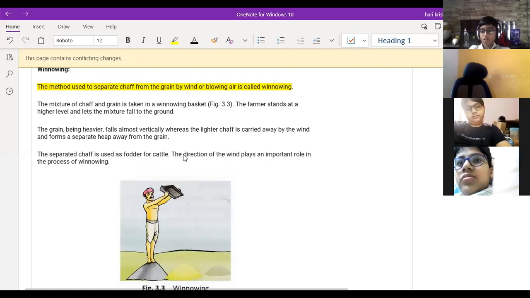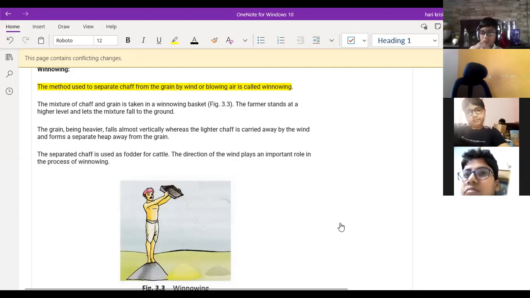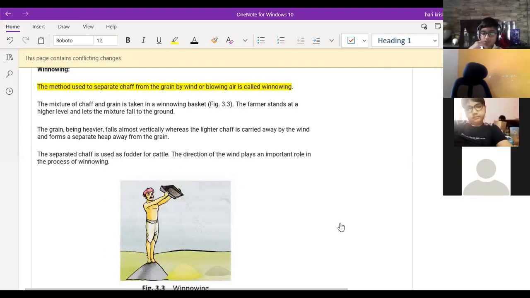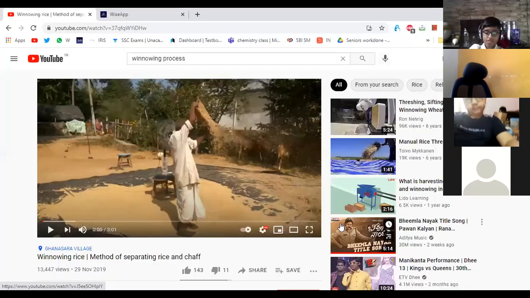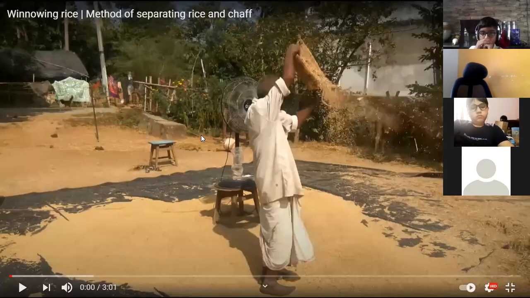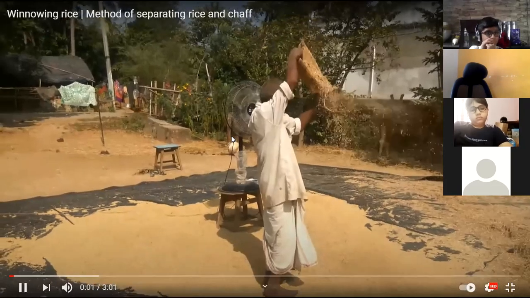Sir, even the chaff after winnowing, we can put the chaff for cattle. Yeah, for fodder for the cattle you'll use. Yes, sir. Can you see here?